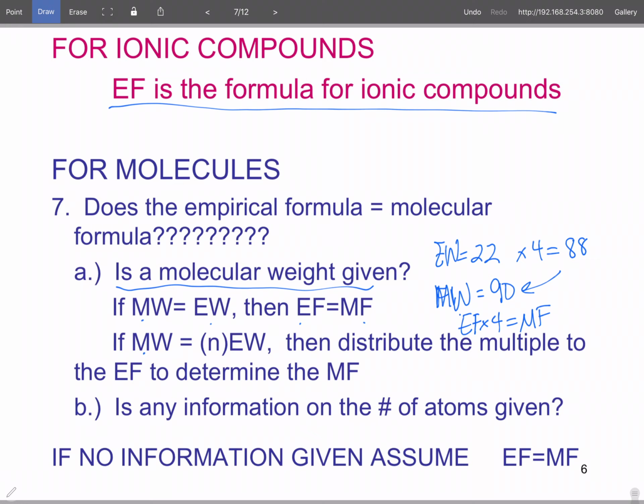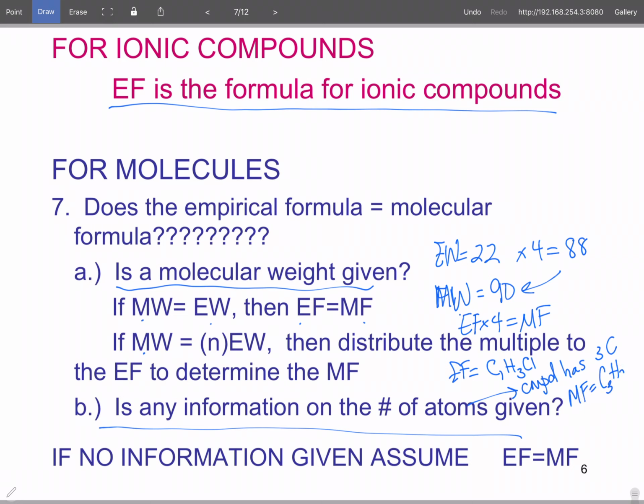So that's the first way. The other way to do it is to include the number of atoms. So for example, if my empirical formula came out to be C1H3Cl, and I was told that the compound has 3 carbons, then that means the molecular formula would be equal to C3H9Cl3.